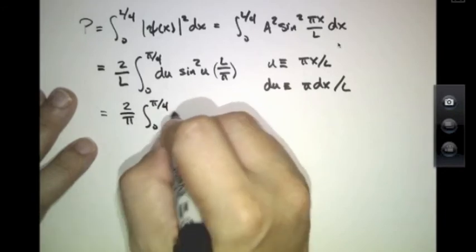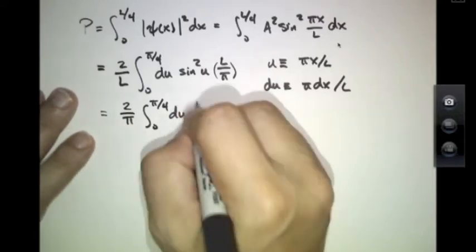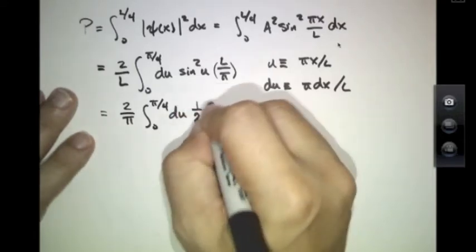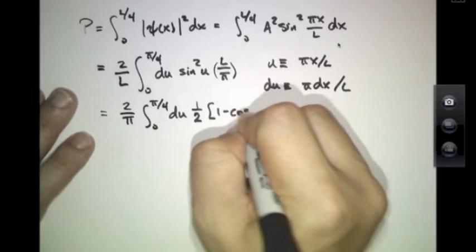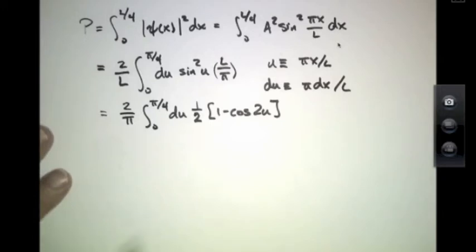And I should point out that it's a little difficult to integrate just sine squared of a function, or sine squared of u. So it's advantageous to do a trig substitution here. Instead of integrating sine squared u, I'm going to use the identity that cosine of 2u is related to sine squared of u. So sine squared is equal to 1/2 of 1 minus cosine of 2u.